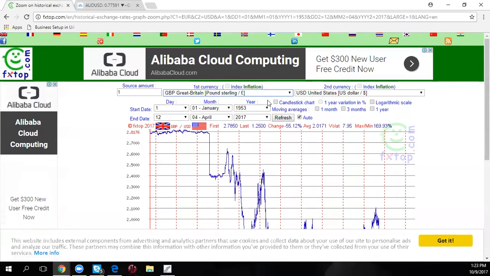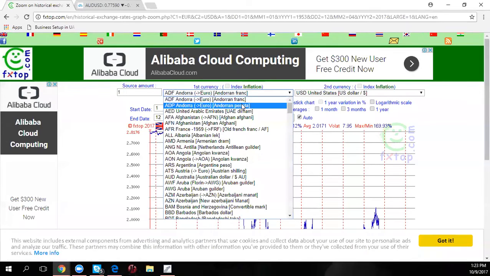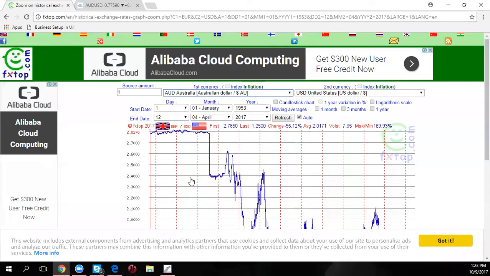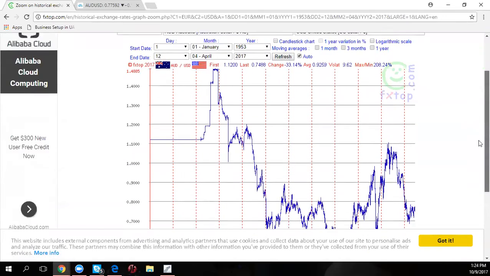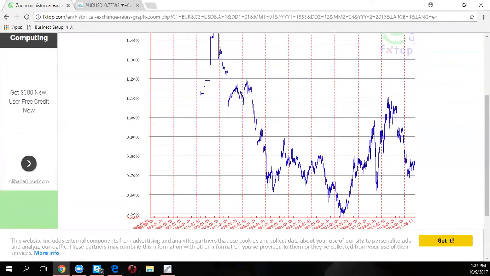Let's go look at it. Aussie. If you're not clear that that is a 3-wave structure, you can try to label this 1, 2, 3, 4, 5.